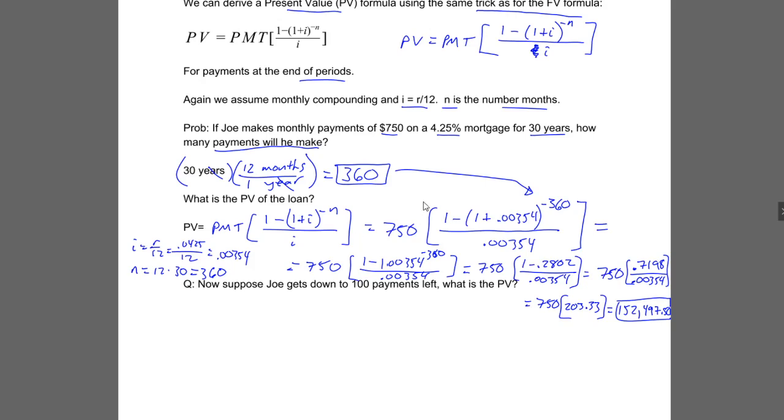So anyway, moving along, we have calculated the present value, which means how much his loan amount is when he first starts with 30 years. Now suppose Joe gets down to 100 payments left. What is the PV then? Well, we would calculate it using the same formula.